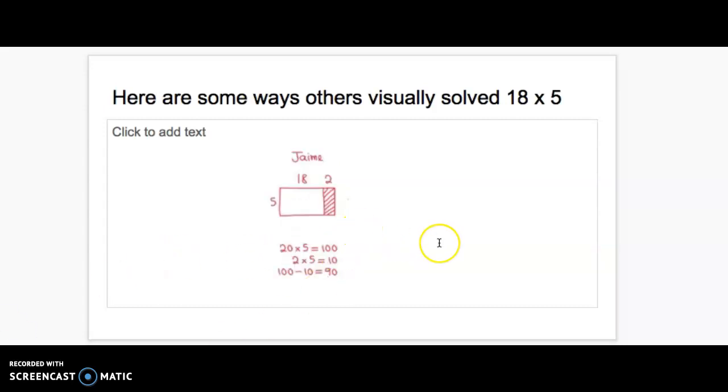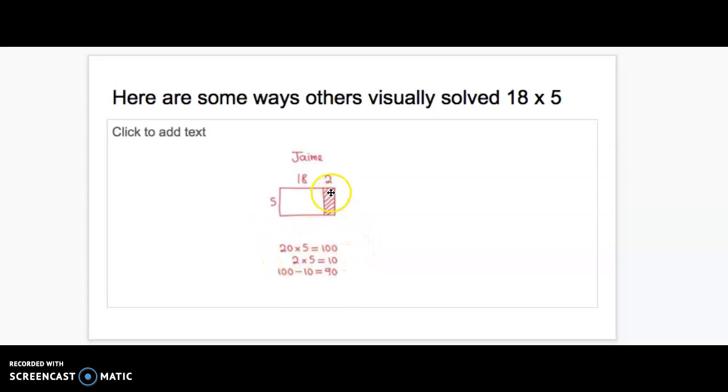Then we move to Jamie. Jamie's decided that to solve his problem visually, he has rounded 18 up to 20. So here we can see that 18 plus 2 is 20, and he's worked out 20 times 5 equals 100.